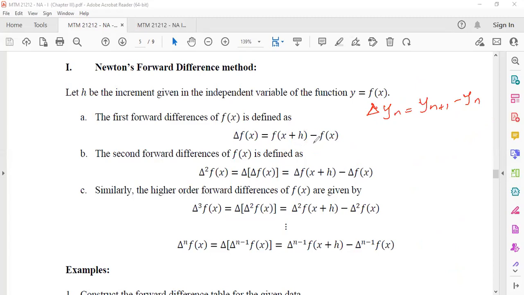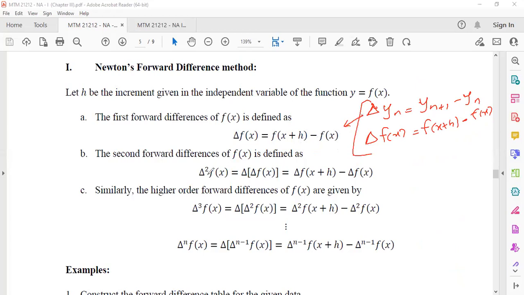Similarly, if you use the f(x) form, delta f(x), the next point will be f(x plus h). So the x value is incremented by h, and then f(x). Both are equal ways of representation.